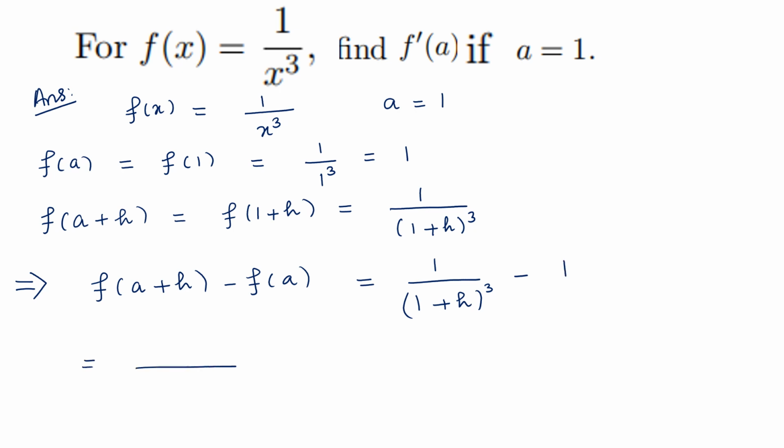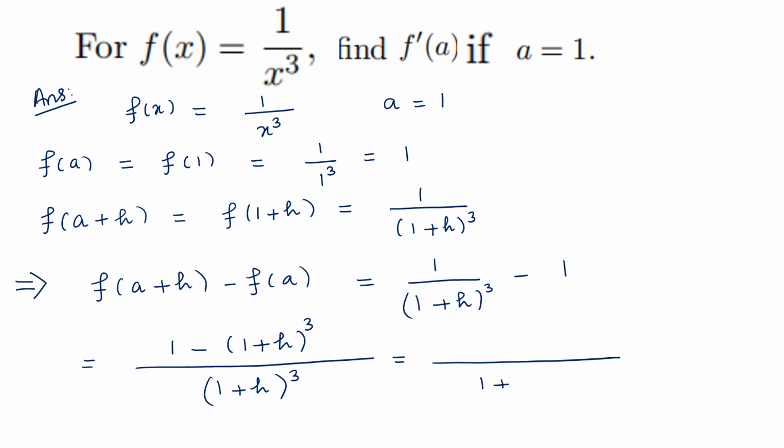Equal to, the denominator is (1 plus h) cube. The numerator is 1 minus (1 plus h) cube. This is looking like (a plus b) cube.